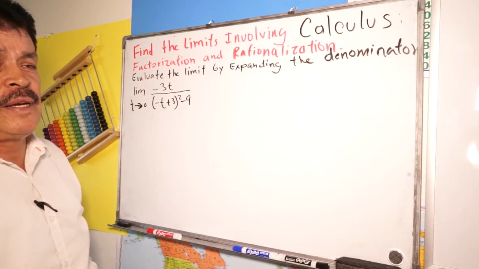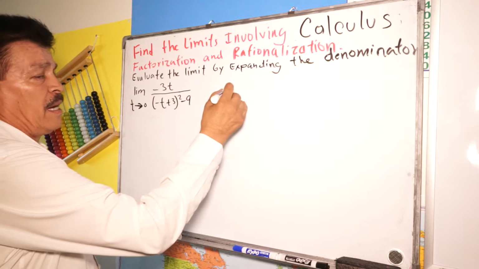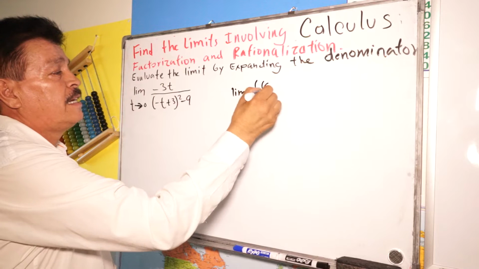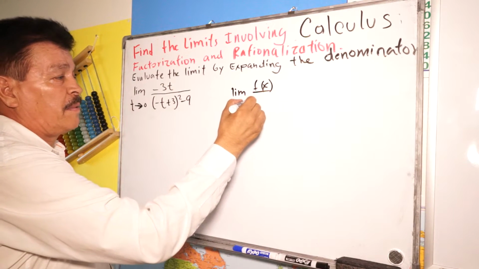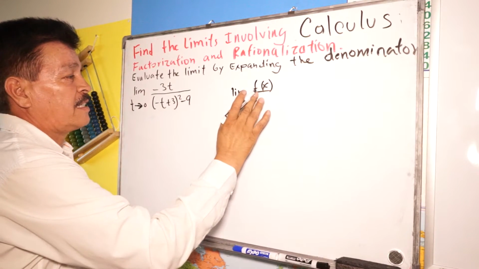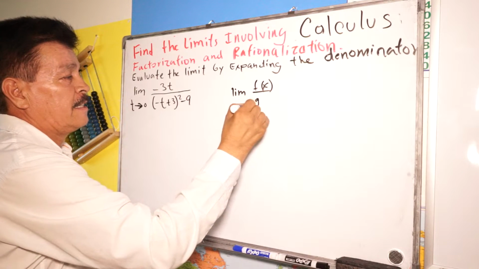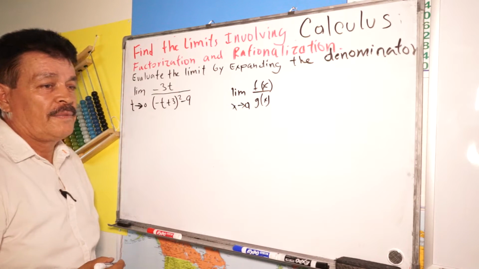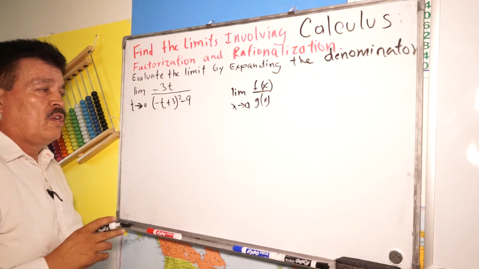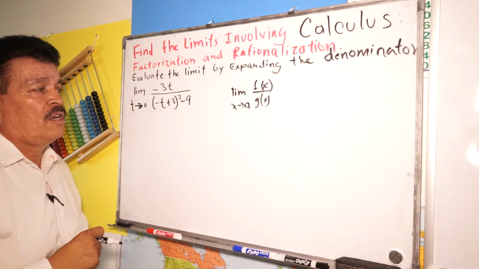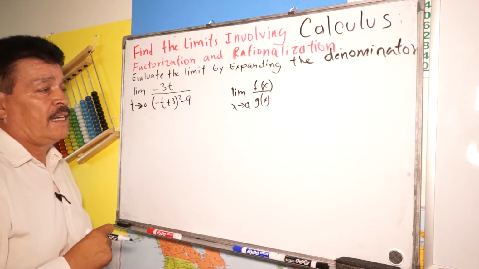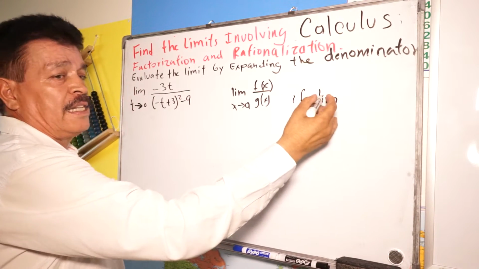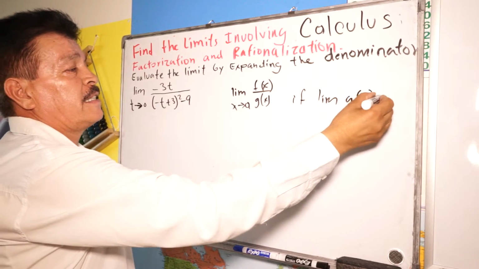When evaluating a limit of f(x) divided by g(x) when x approaches a, you cannot use the limit law for division if the limit of g(x) is equal to 0.